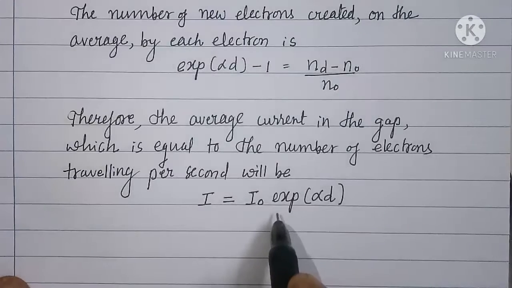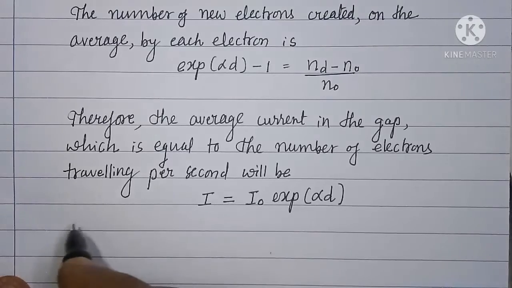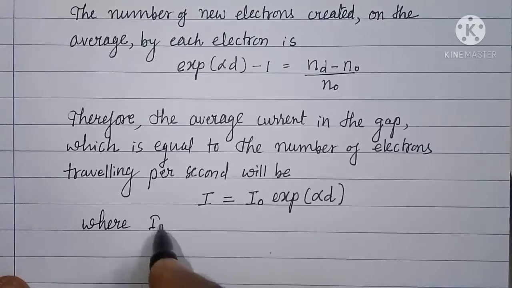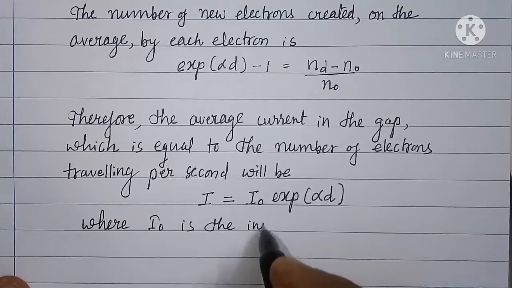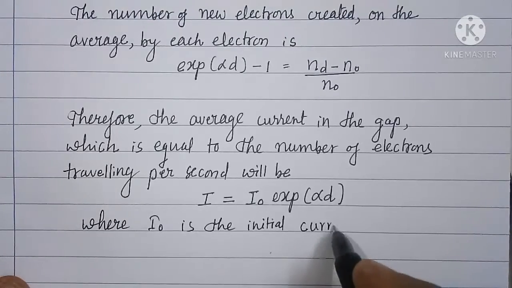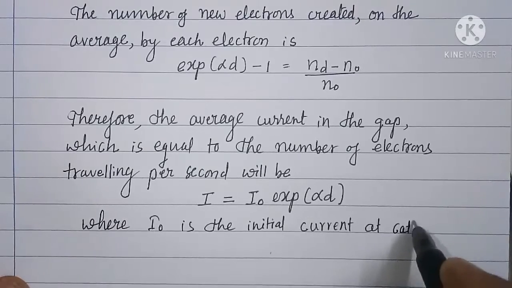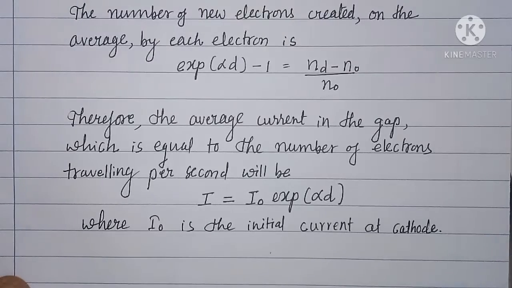And now this I naught represents initial current at the cathode, where I naught is the initial current at cathode.